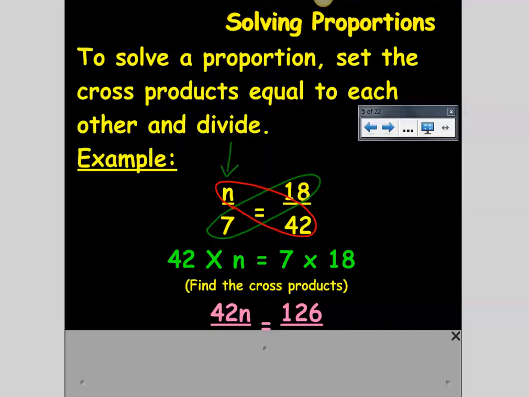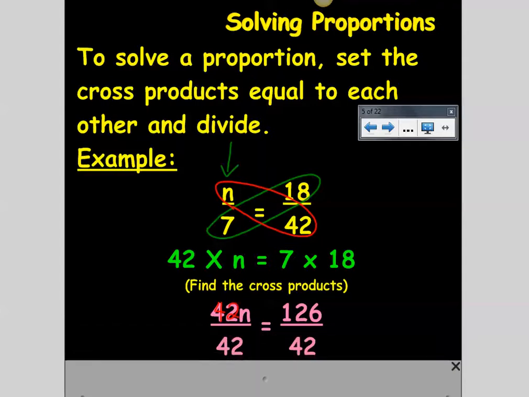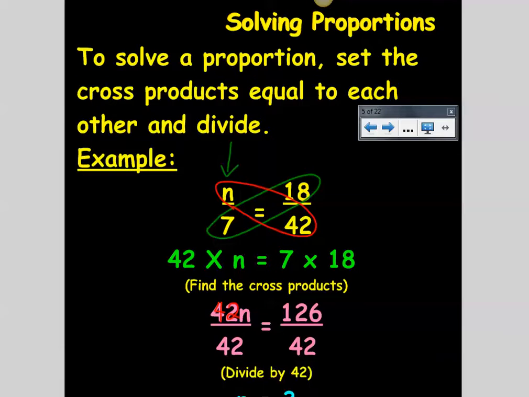How do I undo multiplying by 42? Because right now I'm doing 42 times n. So what's the opposite of multiplying by 42? Dividing by 42. So I would divide both sides by 42 to get an answer of n equals 3.